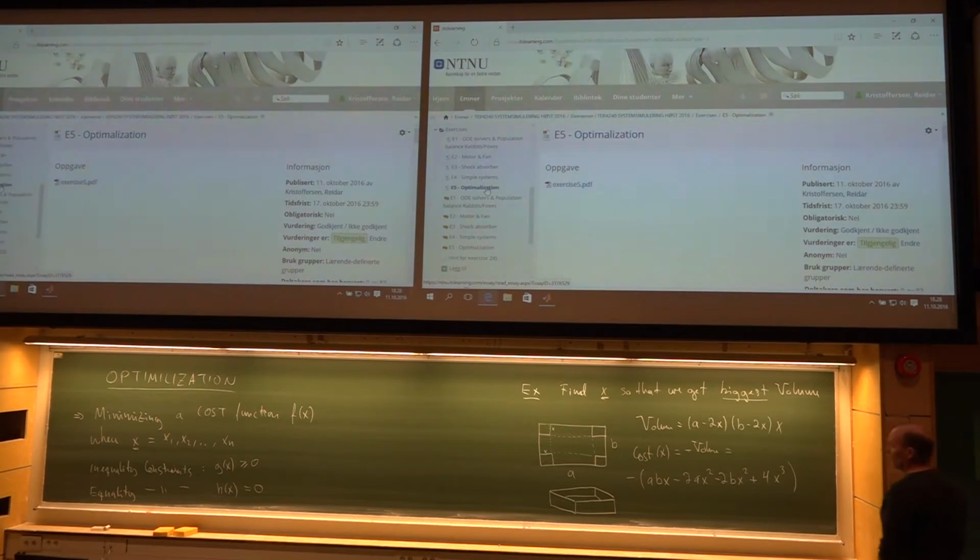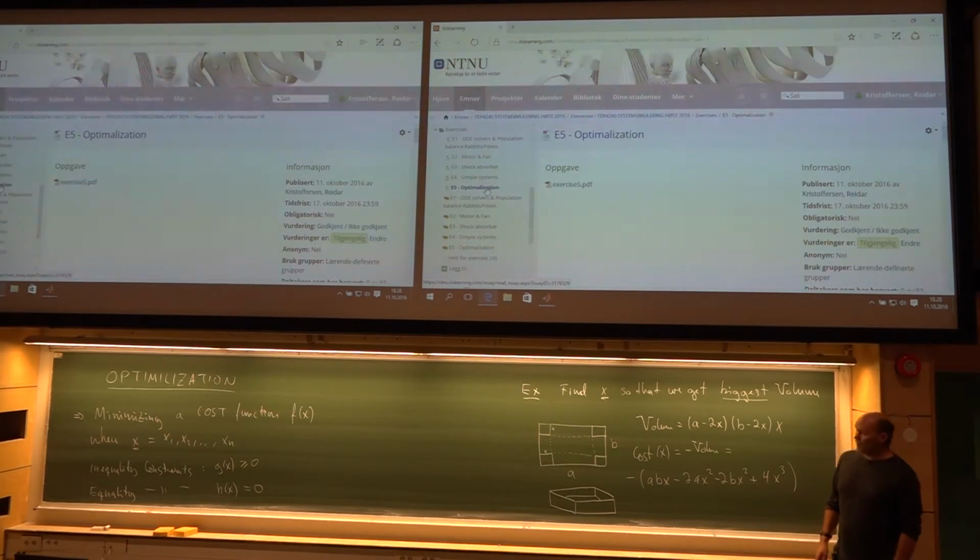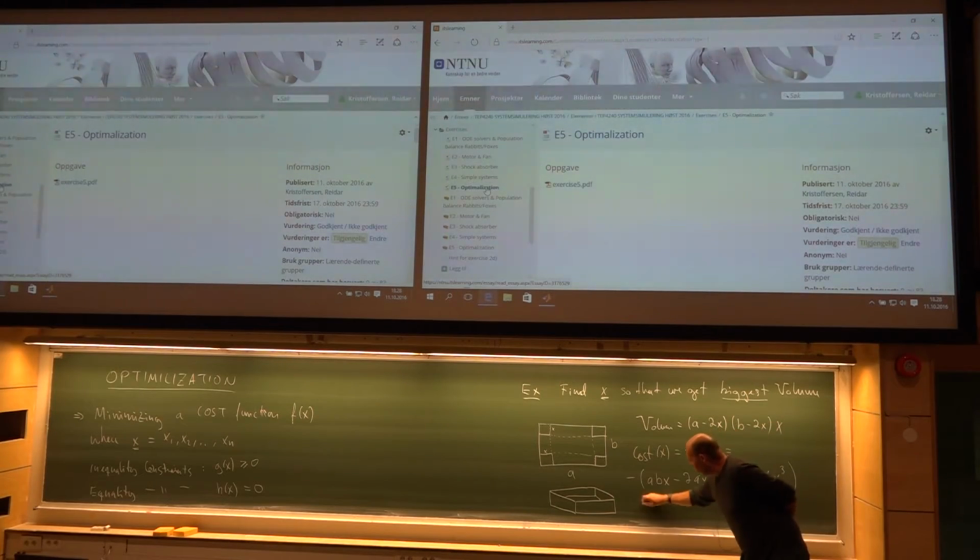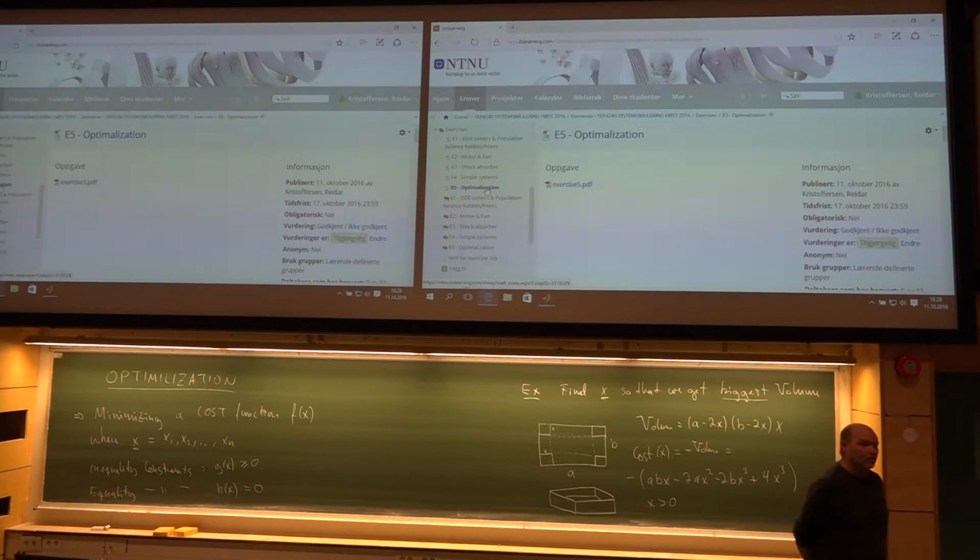What about this one? Do we have any limitations on x? Well, clearly we have some physical limitations here. So x definitely has to be bigger than 0. A negative distance makes no real sense. You have an imaginary volume.